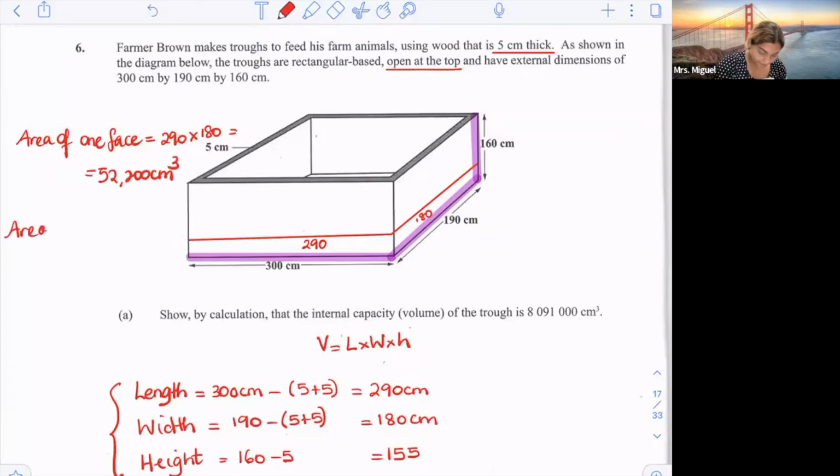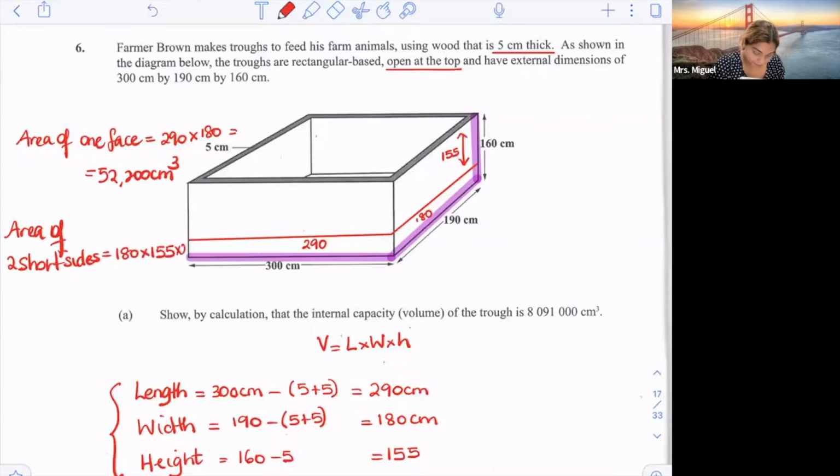So the area of the 2 short sides would be the width, 180 by 155 here. So multiply 180 by 155.